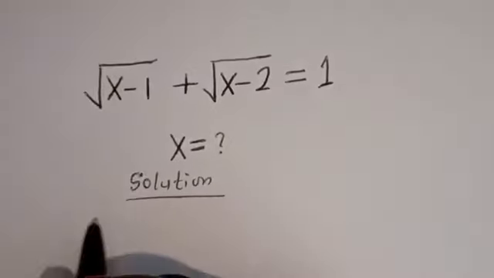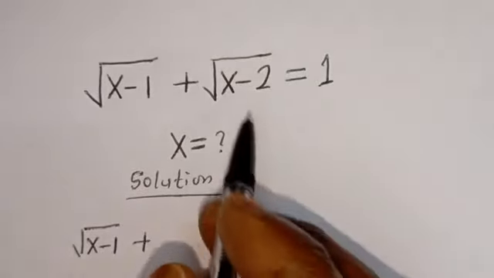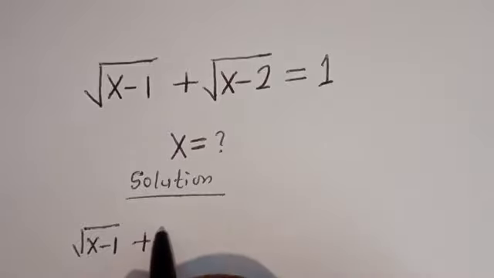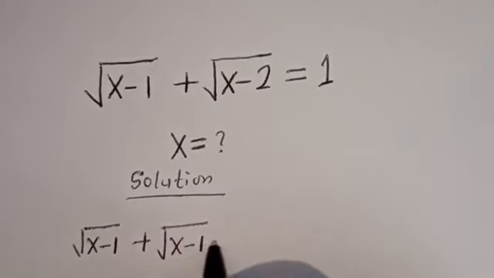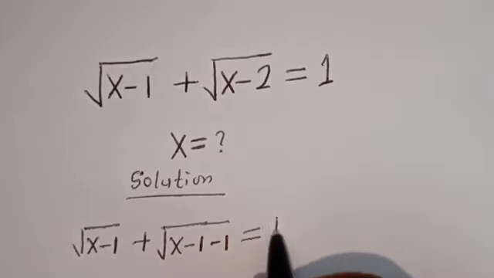Then we have square root of x minus 1 plus square root of x minus 2, which can be written as square root of x minus 1 minus 1 is equal to 1.